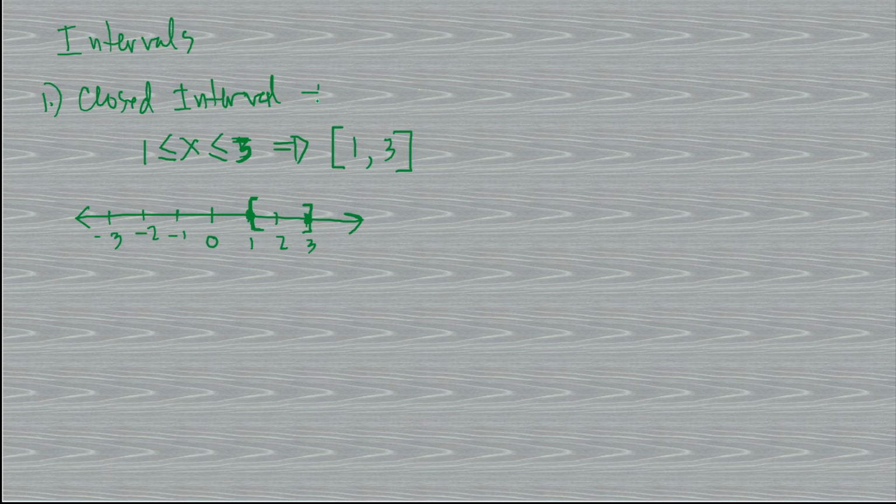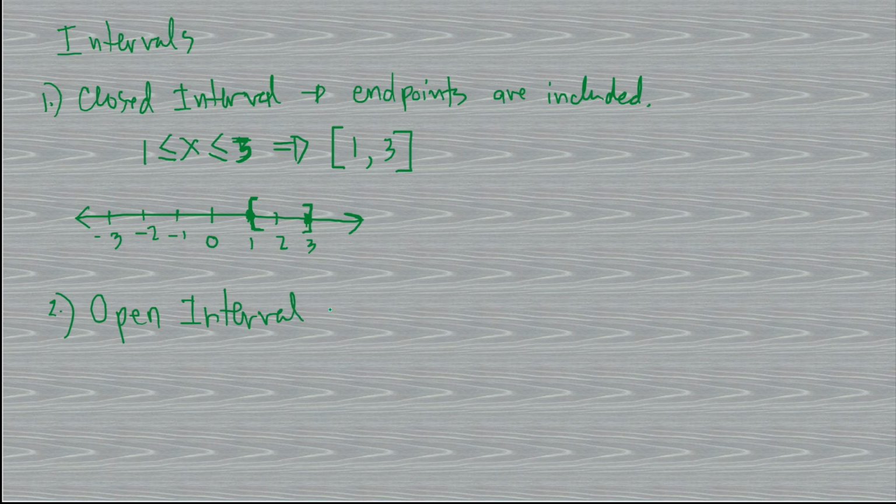In a closed interval, the endpoints are included. However, there are some cases where the endpoints are not included, and we say that an interval is open. So an open interval is when the endpoints are not included.